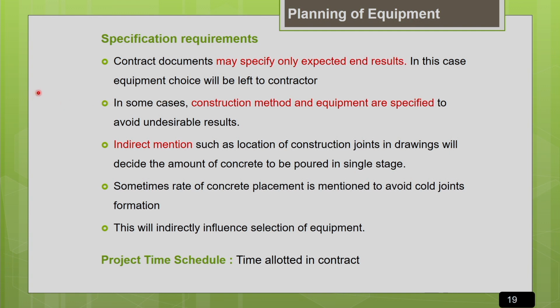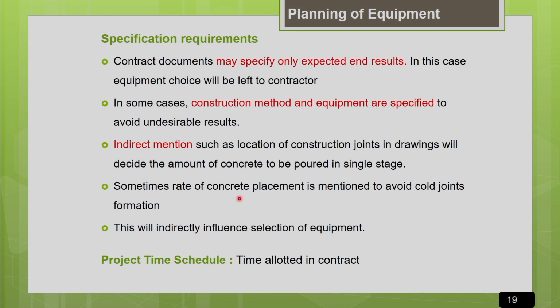What is the size of the mixer machine needed, or how many mixer machines are needed? It depends upon the volume of concrete that is to be produced in one pour. In some cases, if they want to avoid cold joint formation, they will clearly mention the rate of concrete placement.